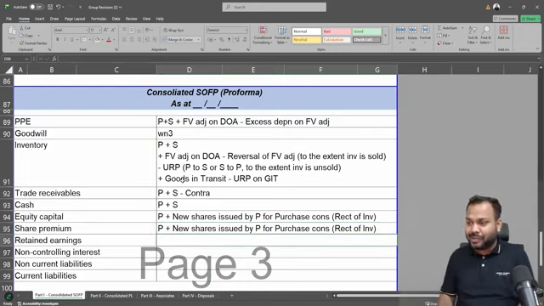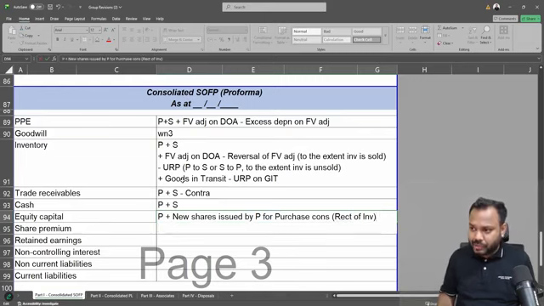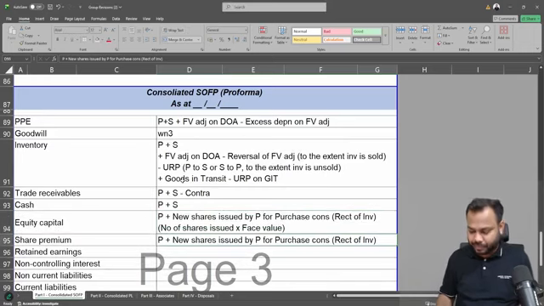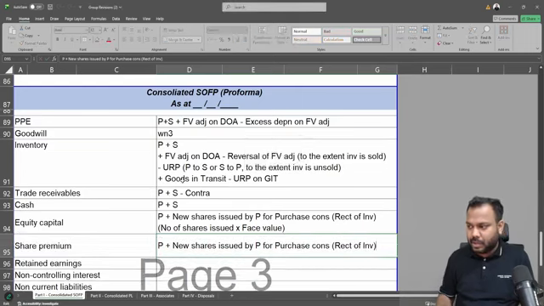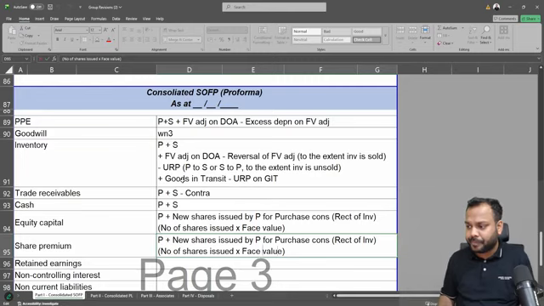Okay, but now understand, how will you know what amount will go to equity capital and what amount will go to share premium? For this you have to write number of shares issued multiplied by face value, which will come to equity share capital. Then number of shares issued multiplied by fair value minus face value.